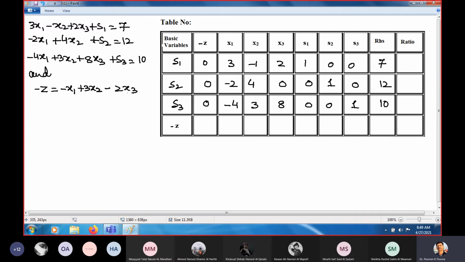Now shift everything towards the left: minus z plus x1 minus 3x2 plus twice x3 is equal to 0. Now, what is the coefficient of minus z? It is 1. Coefficient of x1 is 1. Coefficient of x2 is minus 3. Coefficient of x3 is 2. Here is 0, 0, 0 and right hand side 0. So this is, my dear friends, table number 1.